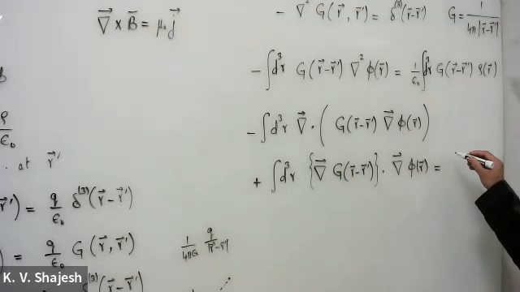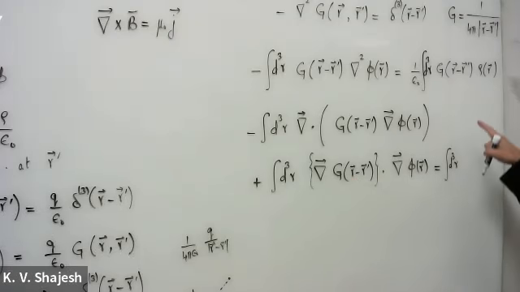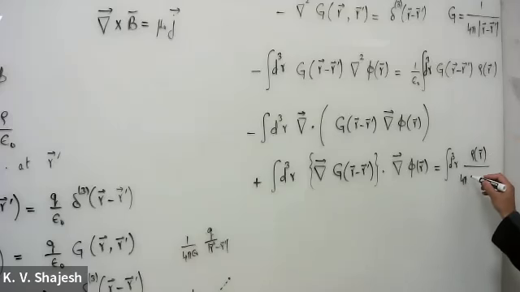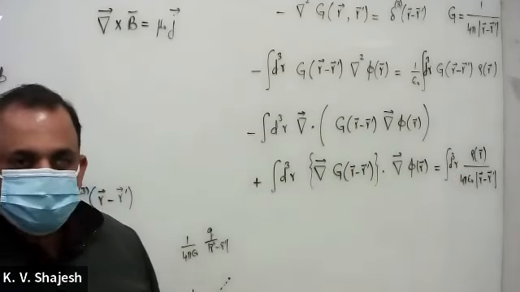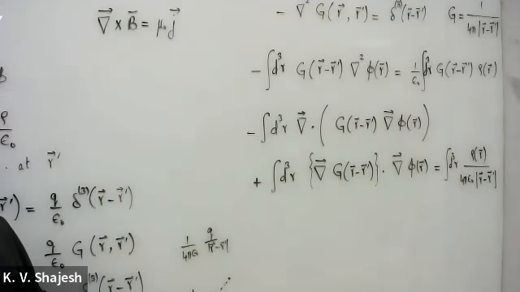So this is d cube r, and let me write this as rho of r divided by 4 pi epsilon naught, r minus r prime. With me?